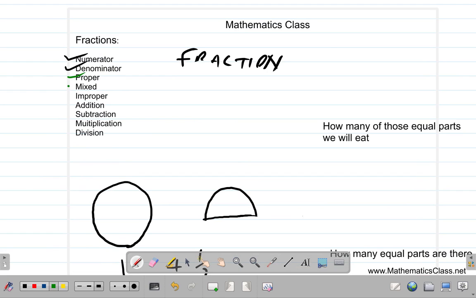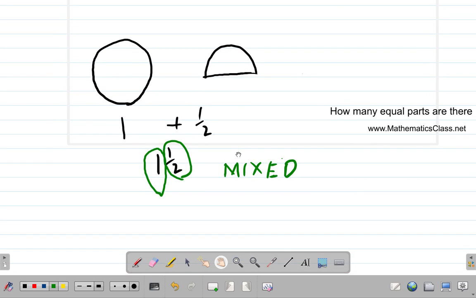We looked at proper and we looked at mixed, and then we're going to look at what is called the improper fraction. Now let's look at this argument. I can consider this whole as two halves. One whole is two halves.